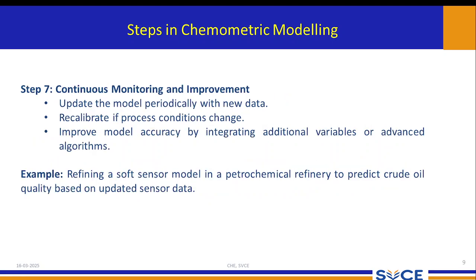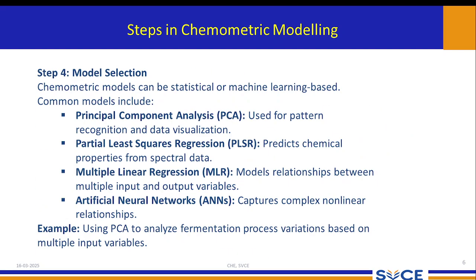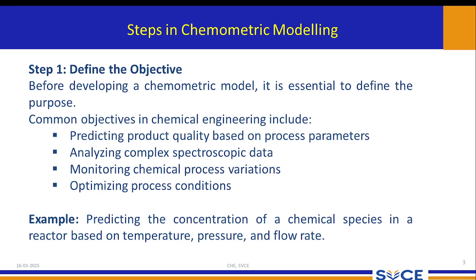Step 7, continuous monitoring and improvement. These 7 steps will help you understand chemometric modeling and the way we need to process this type of modeling, for the optimization of the process. Students are supposed to be very clear on that.